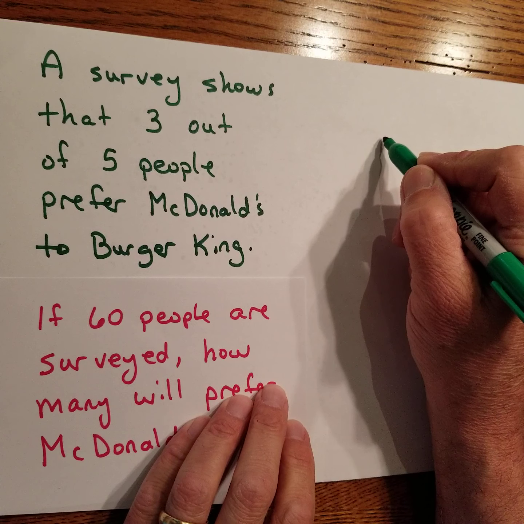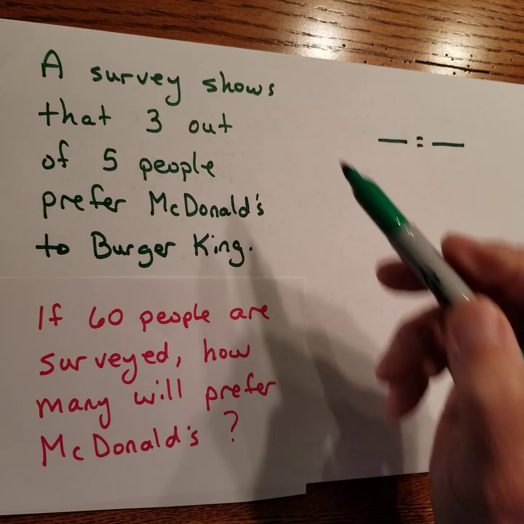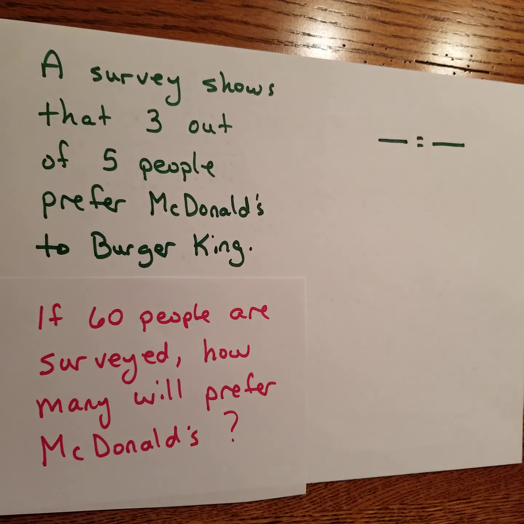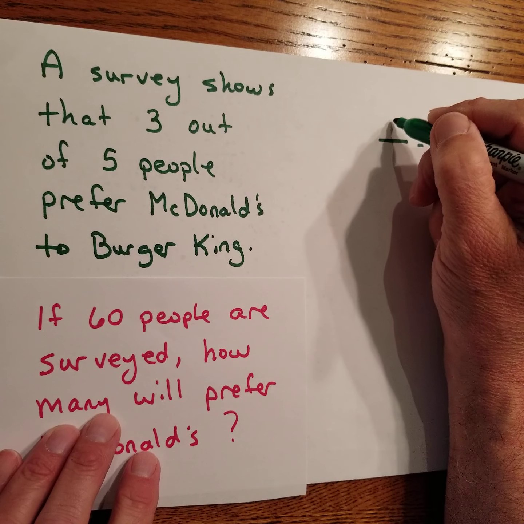Here's where I'll put my proportion. A survey shows that 3 out of 5 people prefer McDonald's to Burger King. If 60 people are surveyed, how many people will prefer McDonald's? A survey shows 3 out of 5.